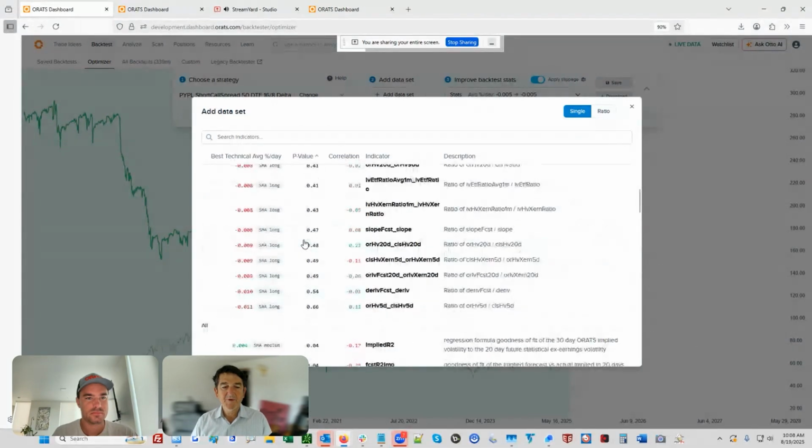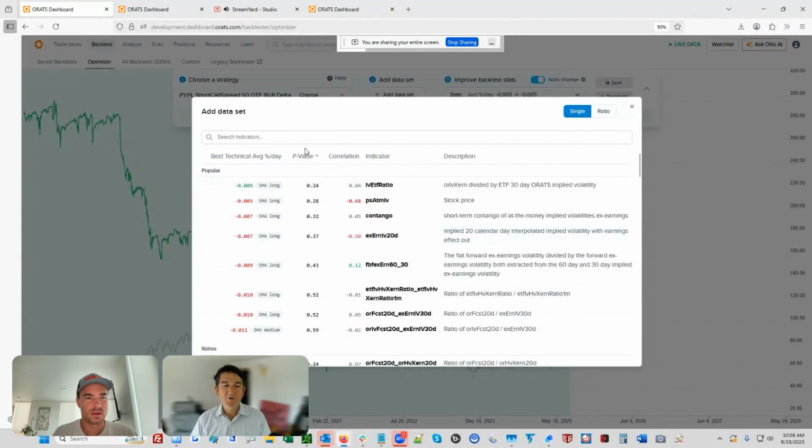Yeah, that sounds great. So I've sorted this by p-value. You could also sort it by average day, but I think the p-value is more important because we want to find out not only what is a good indicator that improves our returns, but we want to make sure it's statistically significant, not overfit.